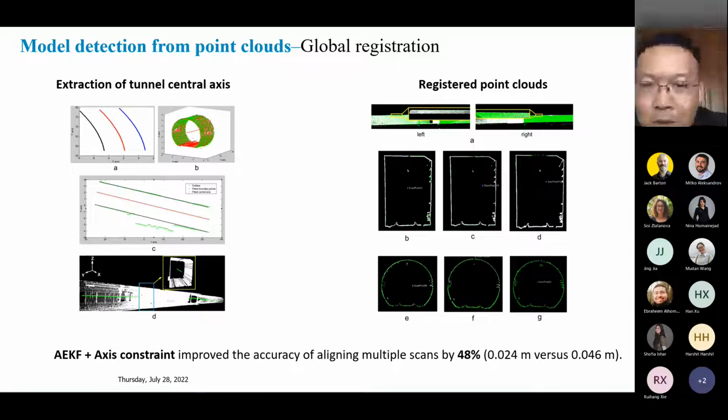So we consider using the central axis as a very strong constraint to optimize the rotational parameters for the global registration. We also had a very good result for this scenario of global registration. Next.